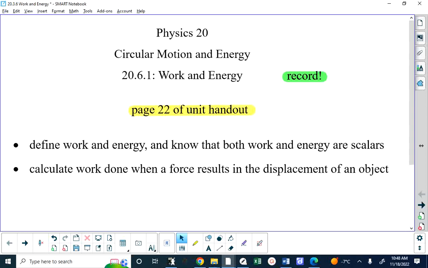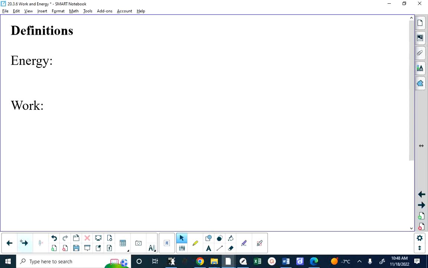And then, as I just said, we're going to be calculating work. We have a couple of definitions to begin with, and although I've told you we want to bring things up to a higher level of sophistication here, the definitions are childishly simple.